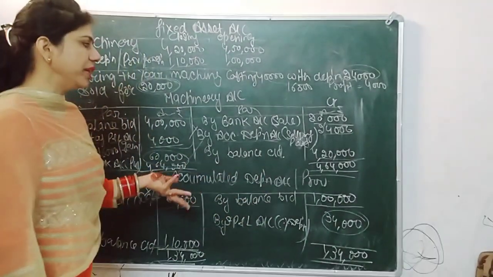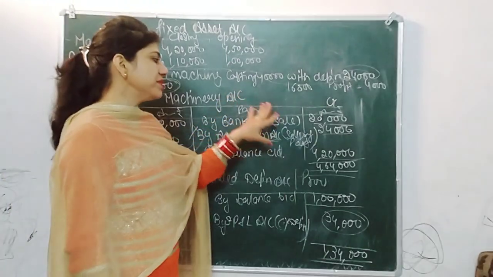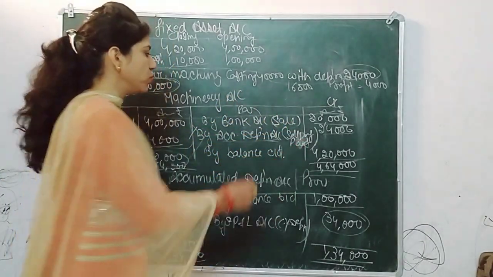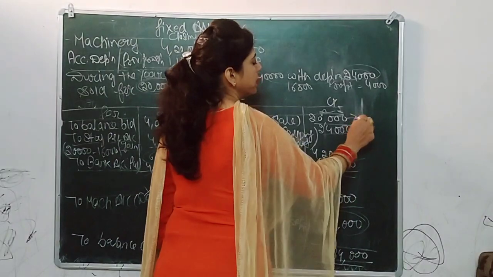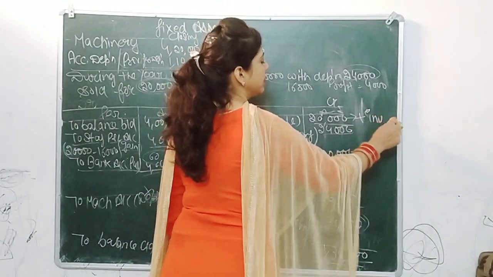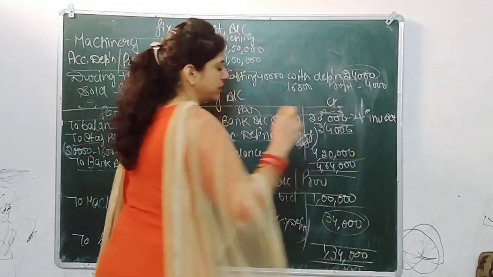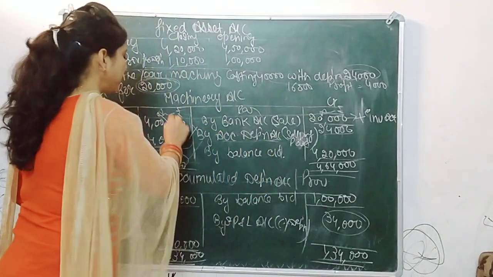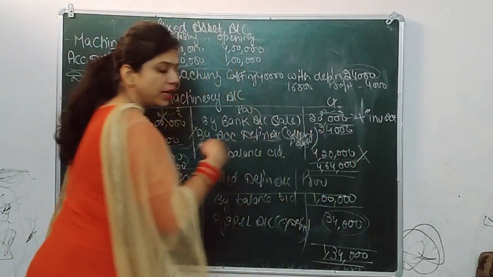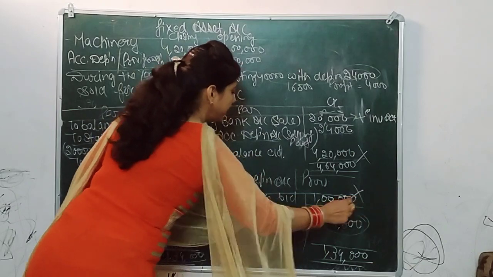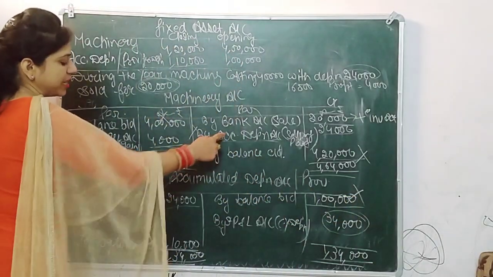Now make a rule for the cash flow statement. Items on the credit side will be plus because there is a sale, so it should be plus in investing activity because cash is coming. There is no treatment of opening and closing balances in the question.